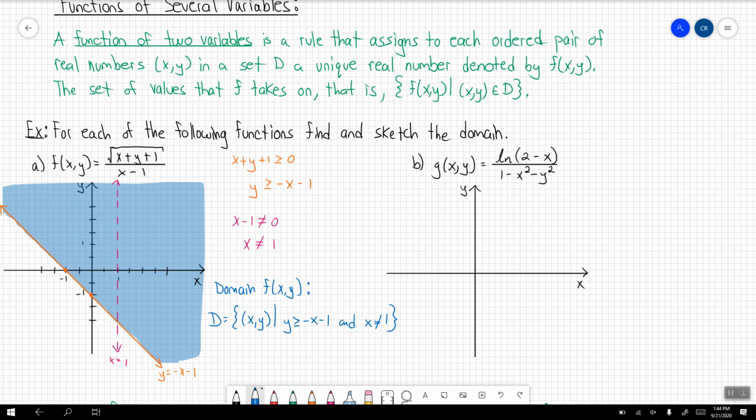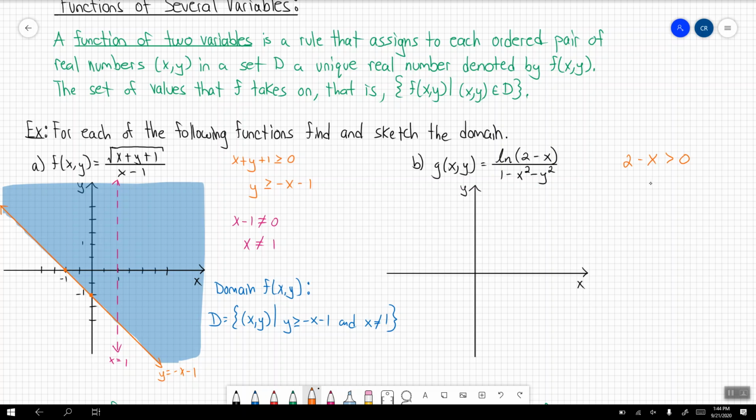Let's look at the second one, part B. Looking at part B, what I see here is that in my numerator I have a natural log, and we know that the arguments of natural log must always be positive. So we're going to take the argument of the natural log and set it greater than 0.